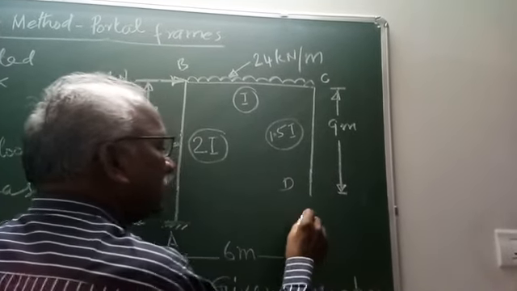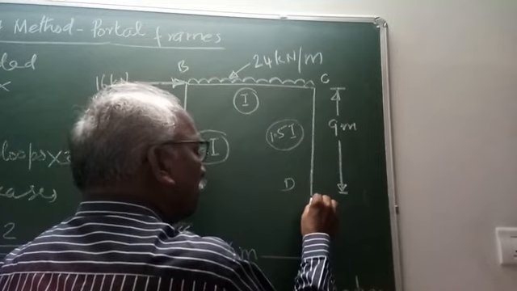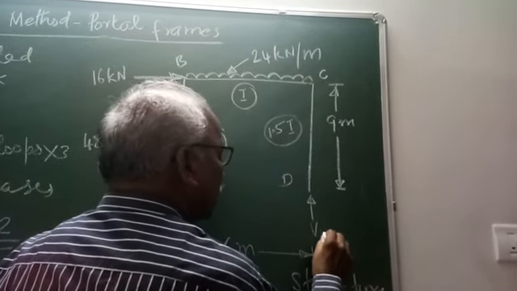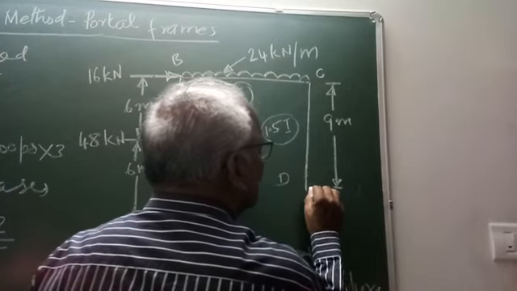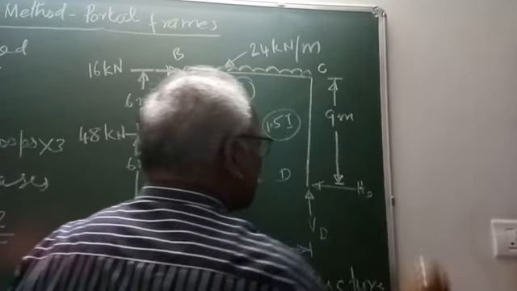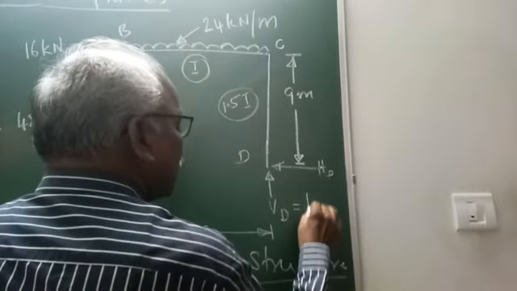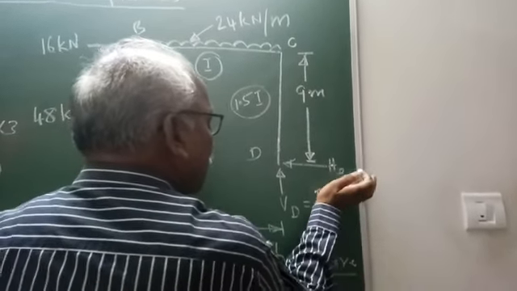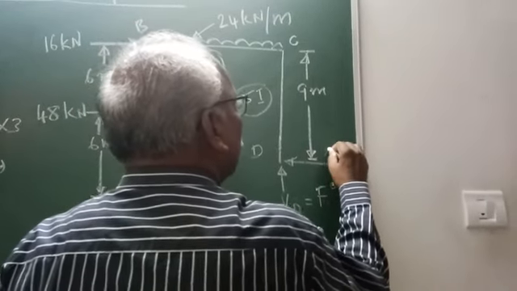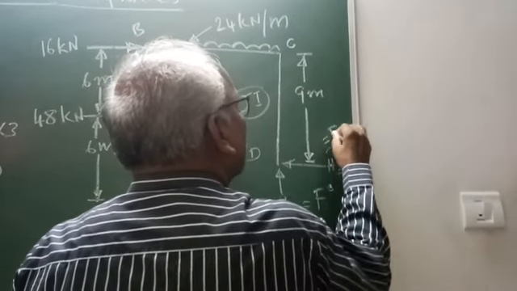At support D we have to mark the redundants. These are the vertical reaction at D and the horizontal reaction at D. These are removed. Let us call these F0; we will give the numbers later.